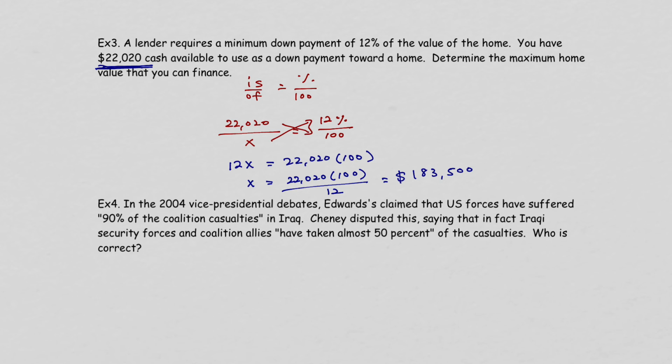Next example, example 4. I want you to read the problem and see if you'll be able to answer it. So pause it and read the problem and see what you think. Okay, so if you read the problem, you will notice they're talking about two different percentages.